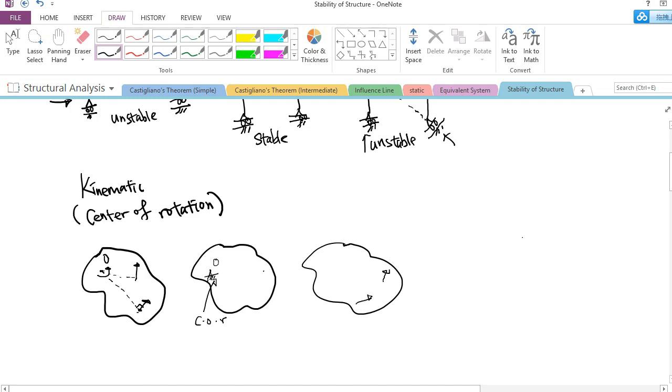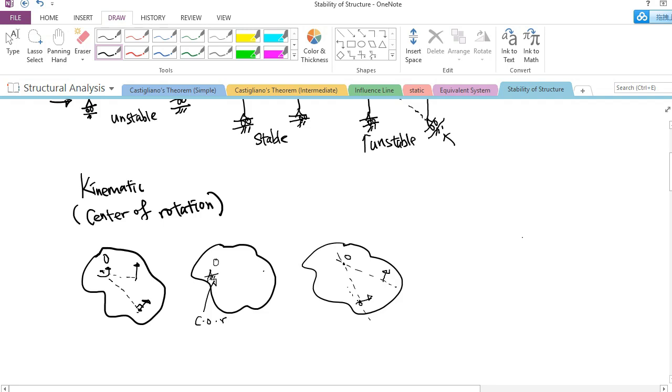How can I find the center of rotation? It's pretty simple, because I know that the center of rotation must be perpendicular to the motion at this point, and this one is also like this. So the center of rotation must be somewhere around here, and this point cannot move, while other points can.